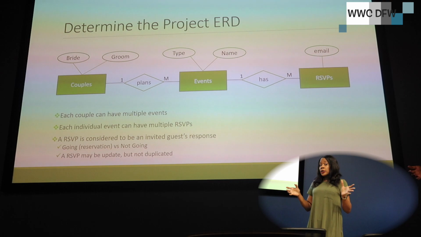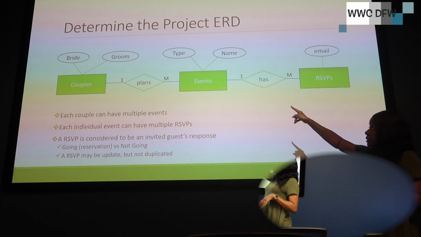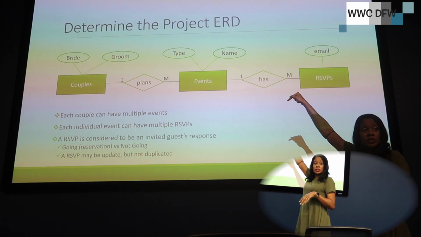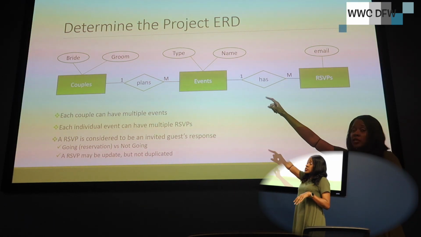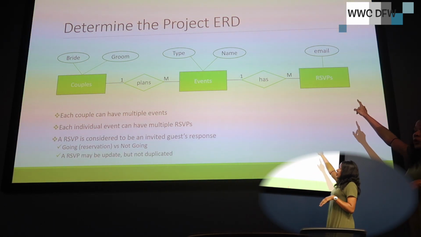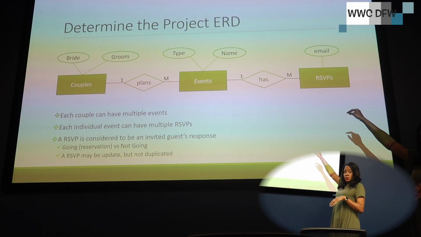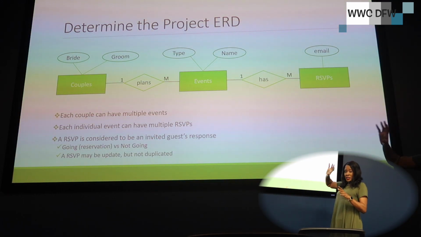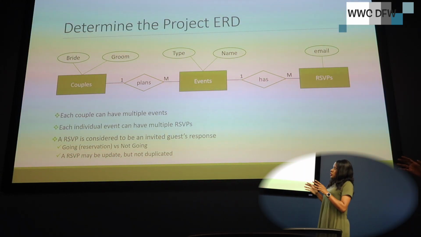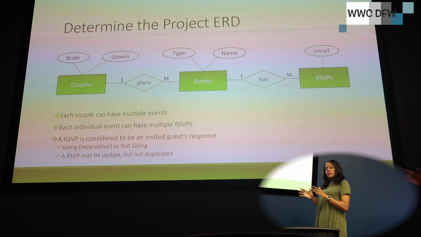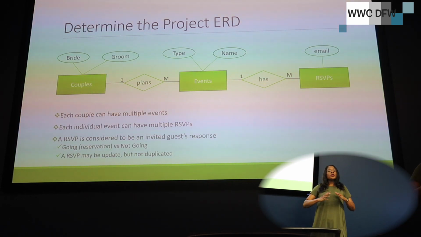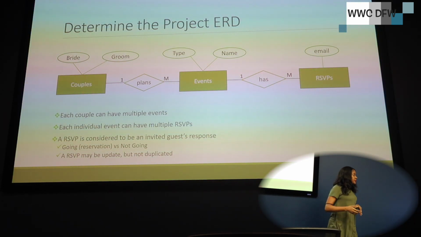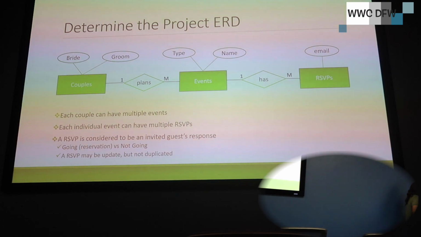And when the event planner comes in, I set her up on top of events. She can manage, log in and see all of her events, see all of her couples, see all of her RSVPs from the dashboard, right? You see how that works? When you take the time to plan it out and you do it in a structured manner, you make it easy for you to expand and grow with it. Okay?